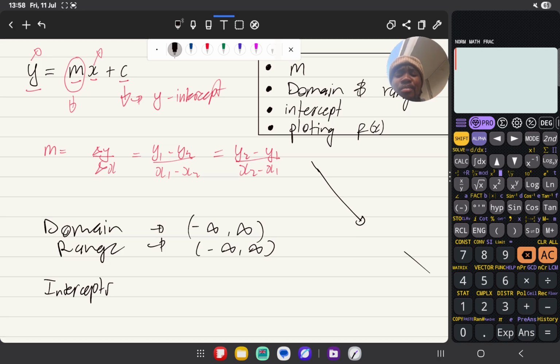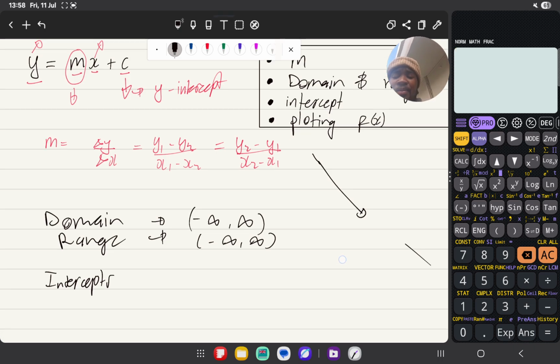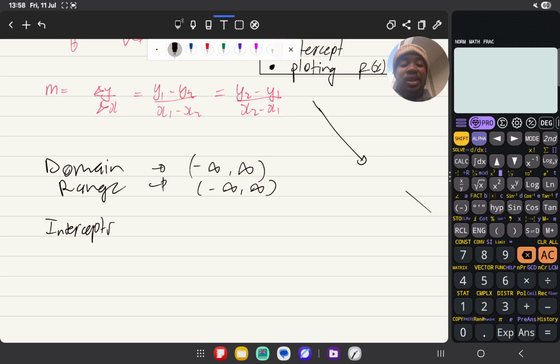I will talk much more about domain and range when we get to other functions, because they allow us to explore domains and ranges more properly. For any linear function, it's always like that.